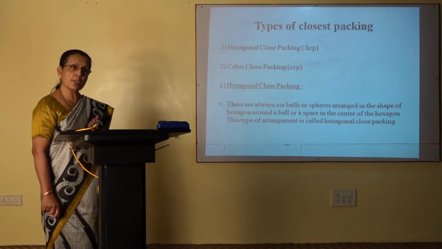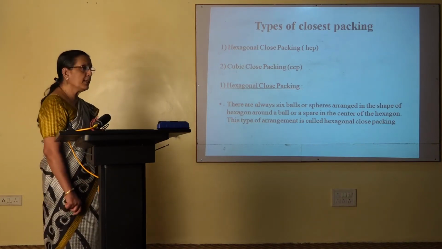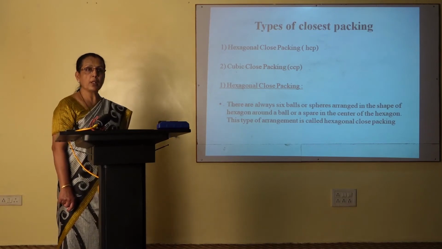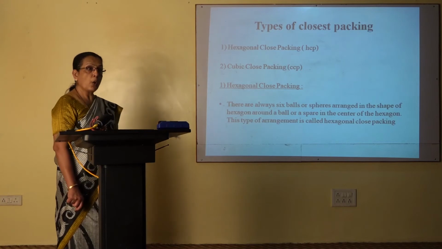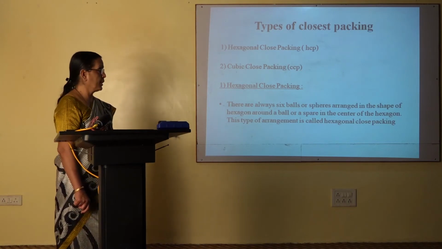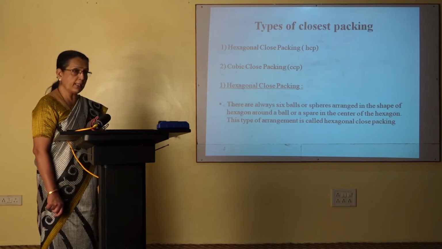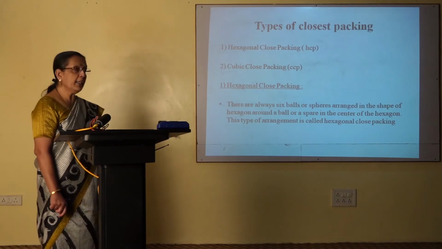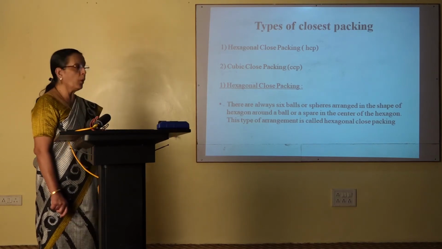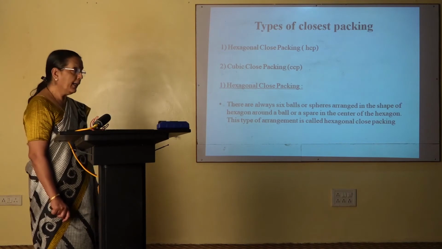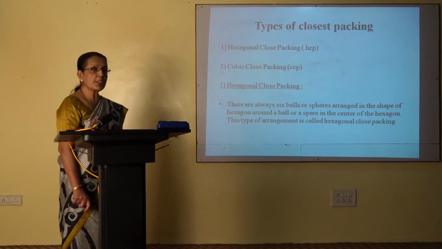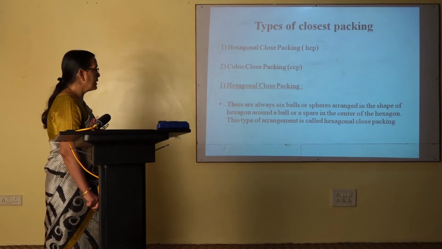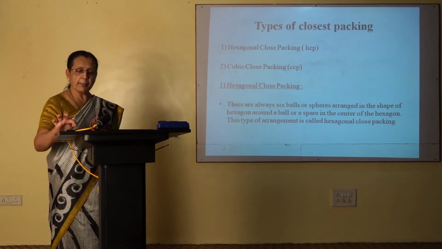That is, each sodium ion is surrounded by 6 chloride ions at the corners of the regular octahedron, and similarly each Cl ion is surrounded by 6 sodium ions. The coordination number of the sodium ion as well as the chloride ion is 6.